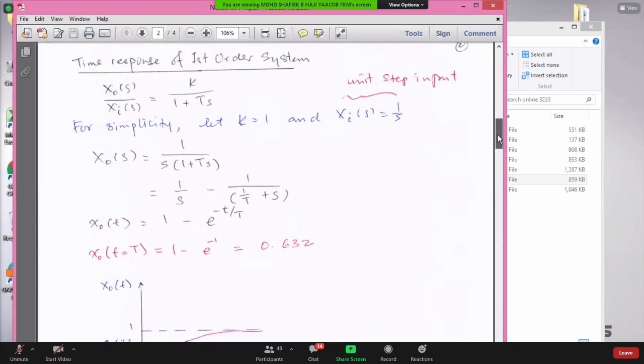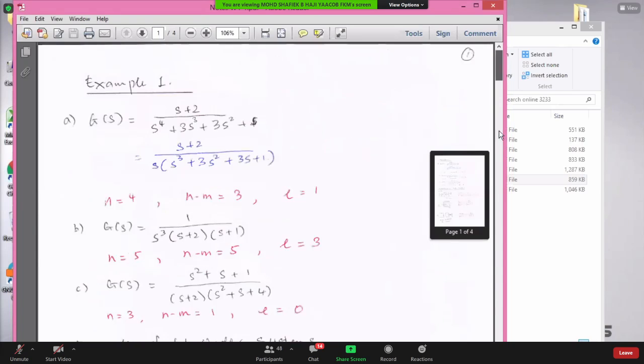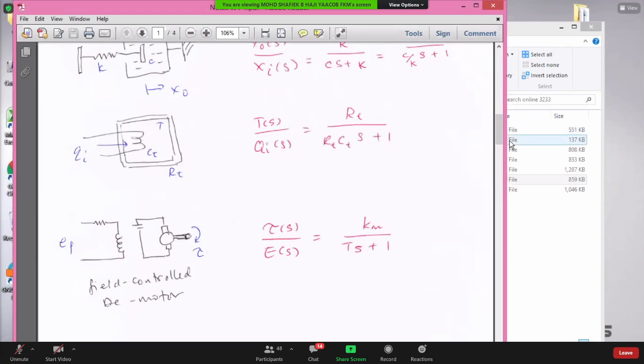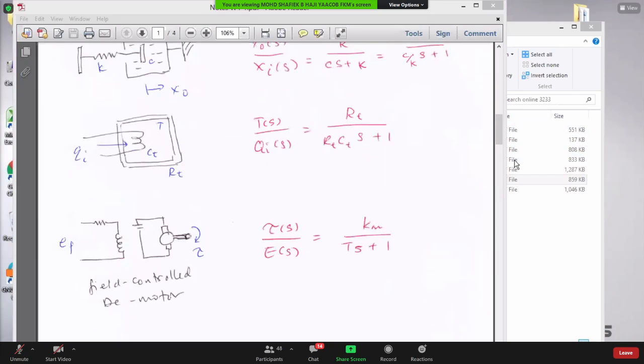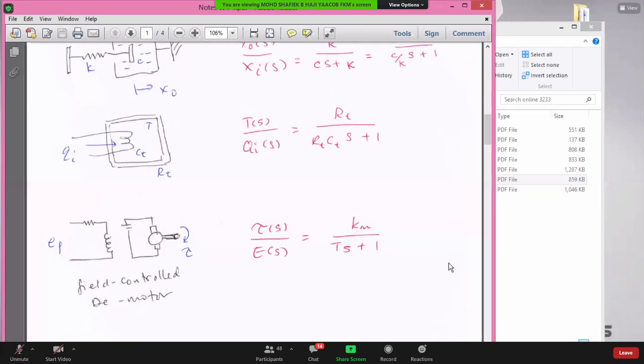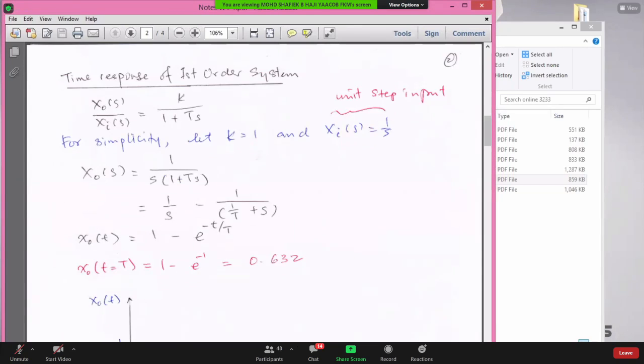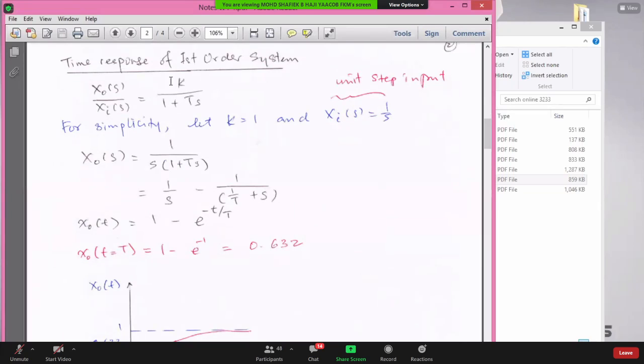Okay, so for simplicity, this is the transfer function, K divided by 1 plus Ts, where K and T are just constants, any value.